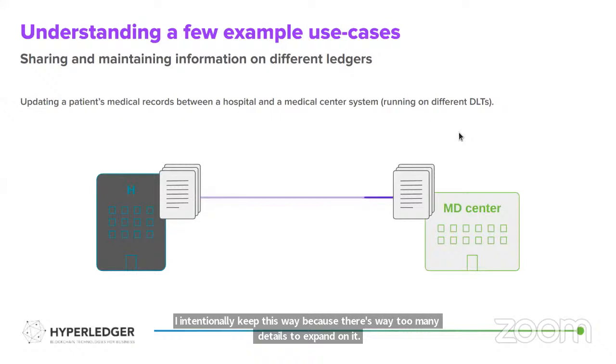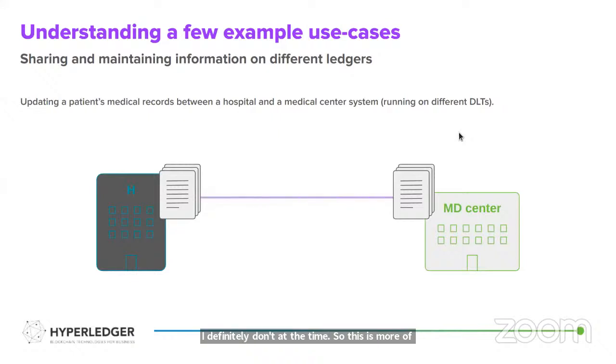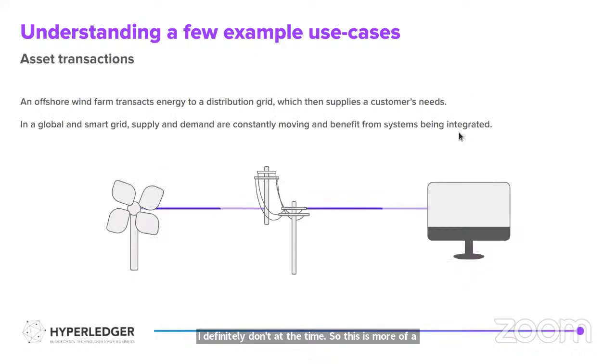So this is more of a showcase of what's possible. And then there's something with energy transactions. I know for a fact that there's a project within Hyperledger that does carbon accounting, and they do use parts of Cactus for their operations as well.